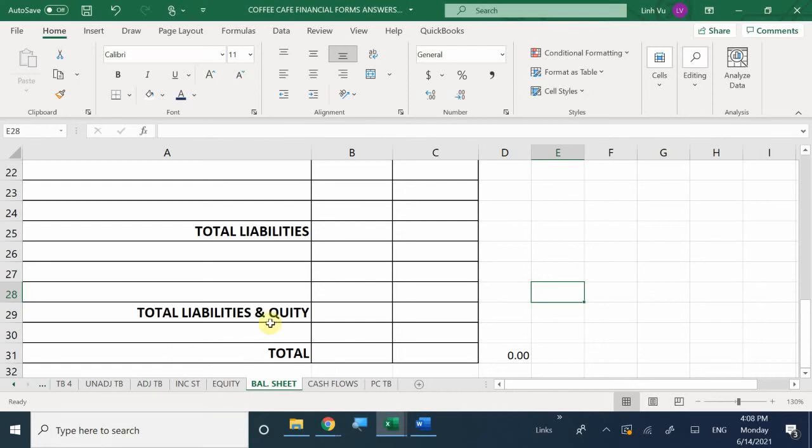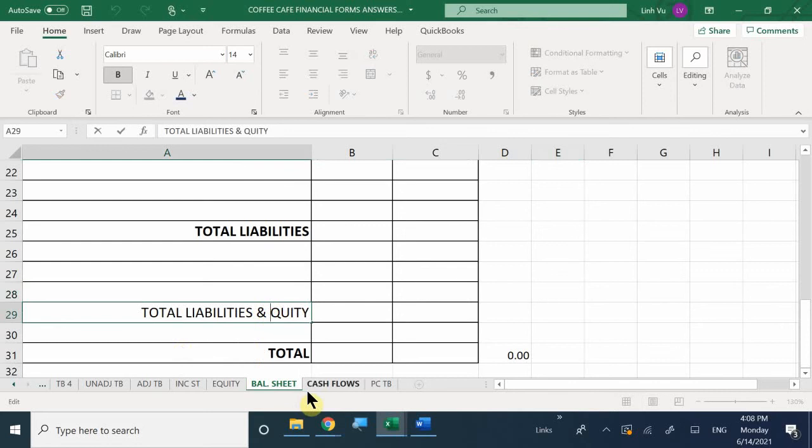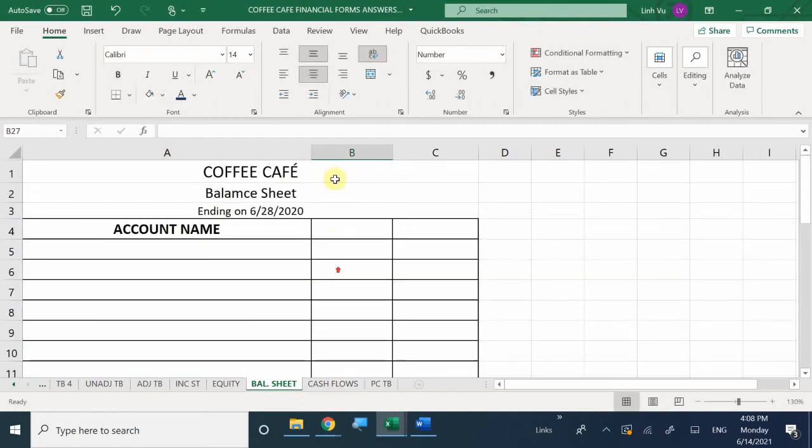In this case, I already know what my equity is, right? I already solved it, but let's just do each one at a time. What I'm going to do is have my left column be all of my assets and my right column will be all of my liabilities and equity, just so we keep it a little cleaner.